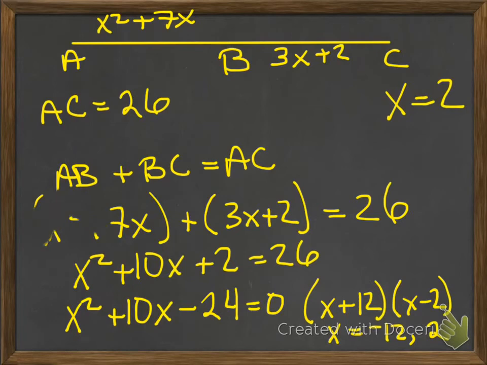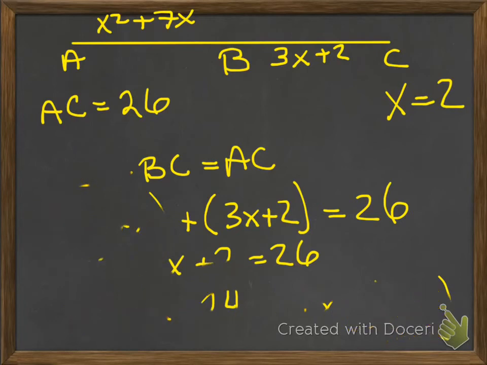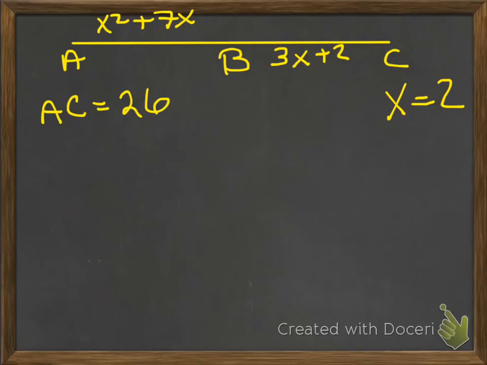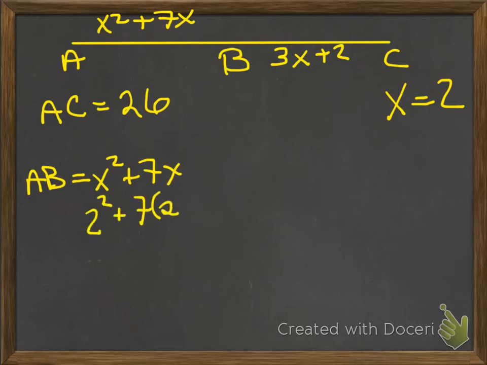Okay, so we're going to get rid of all this work, and then we're going to plug stuff in and figure out what it is. All right, so AB is equal to x squared plus 7x. So that's 2 squared plus 7 times 2. That's 4 plus 14, which is 18.